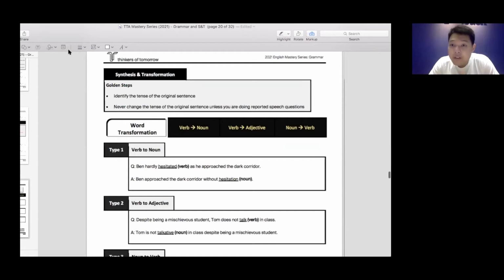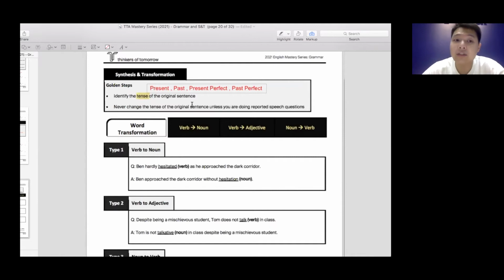Every time you encounter synthesis and transformation, the first step you're going to do is always identify the tense of the original sentence. Is it present tense? Is it past tense? Is it present perfect tense? Or is it past perfect tense? This is so important.